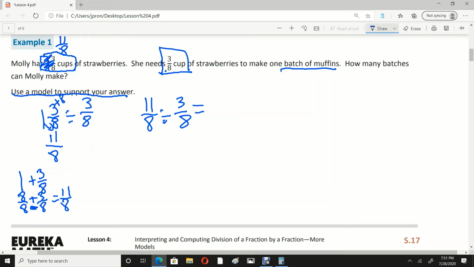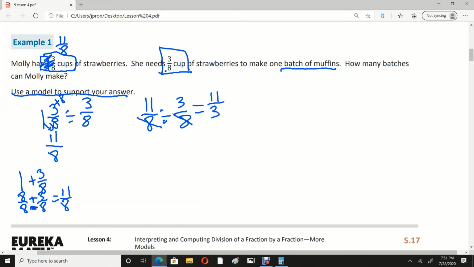That's a great question. Well, we learned in the last one that when we divide fractions with common denominators, common units, we can essentially pretend that they don't exist. They're going to get factored out when we divide these fractions. So really what we have here is 11 divided by 3. 11/3.